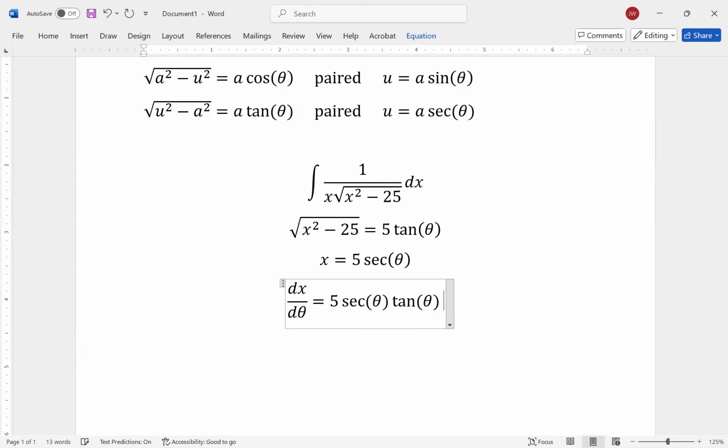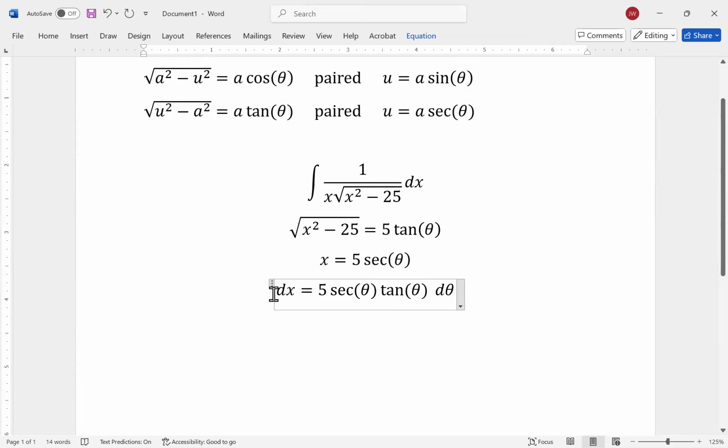So my differential exchange, it's nice to have either writing on a whiteboard or writing on something like this that can edit real easy. But my differential exchange is that dx can be replaced with a 5 secant theta tangent theta d theta. So that's what's going to replace my dx.